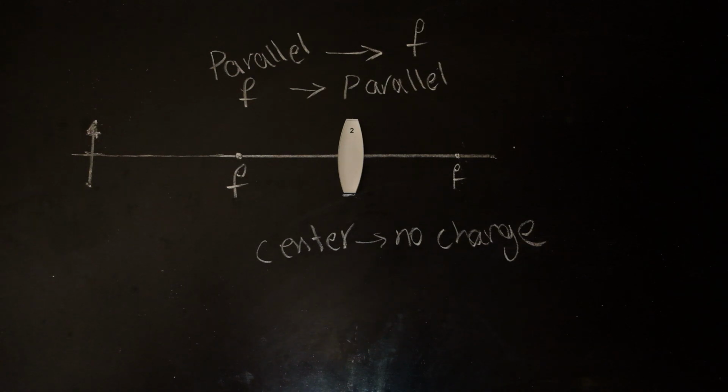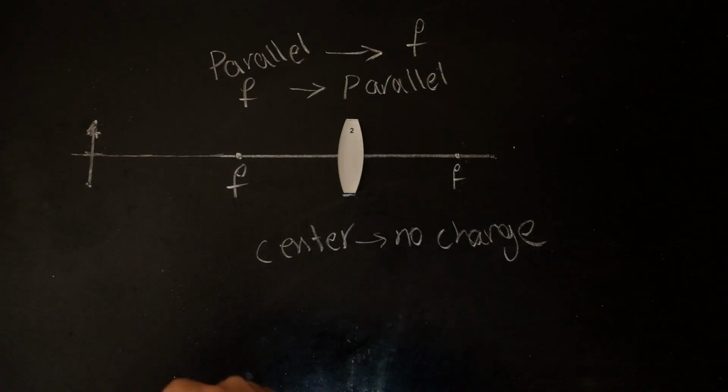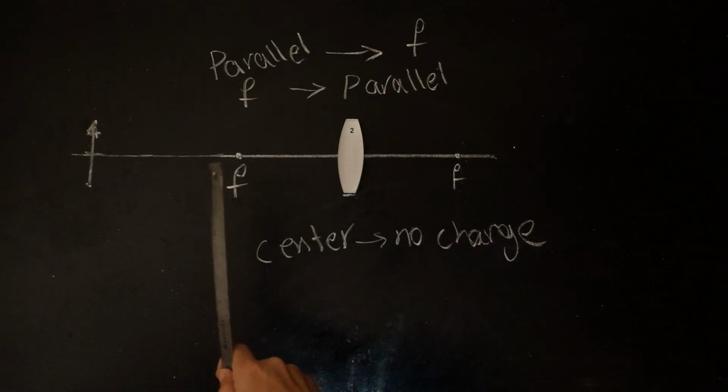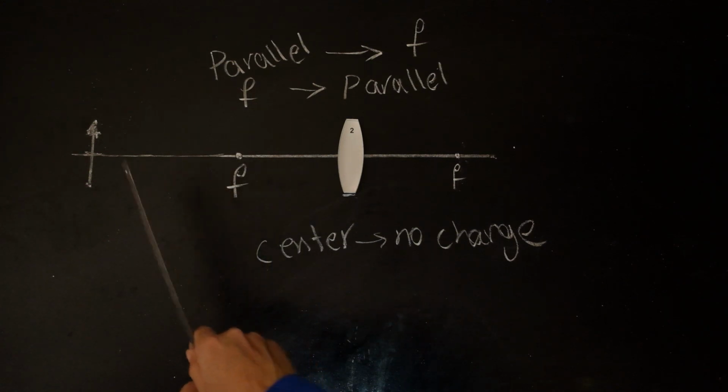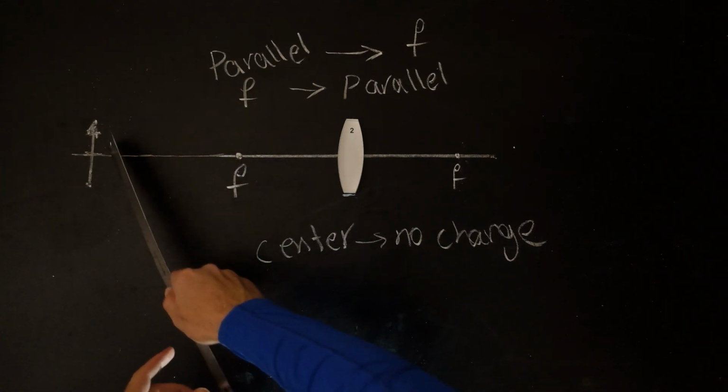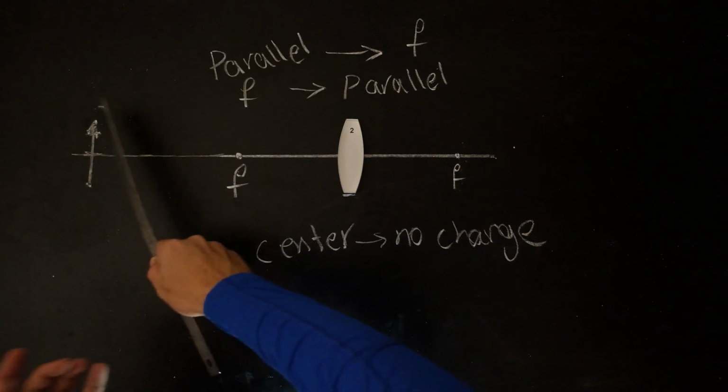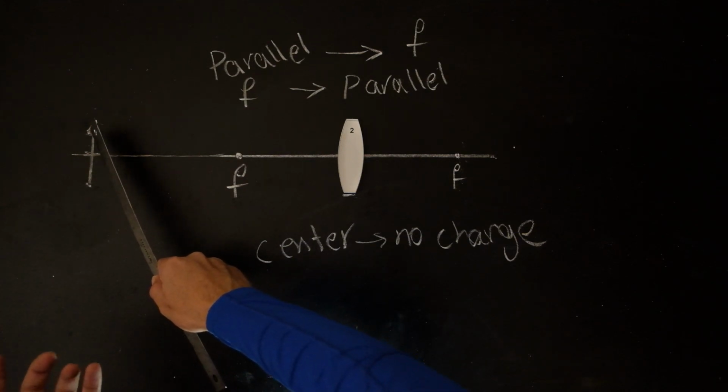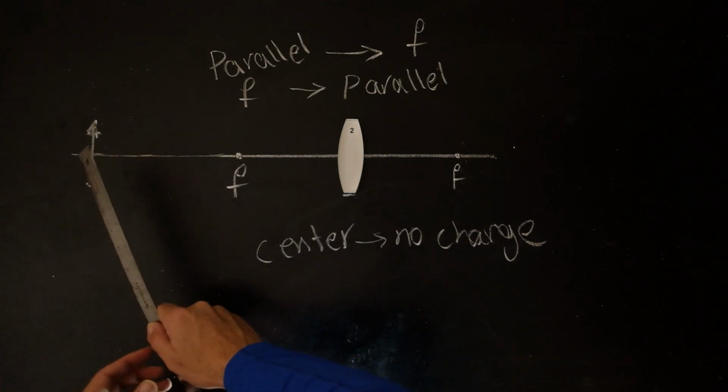Okay, now let's make it more complex. So instead of one light ray, in this case, we have an object. So let's say this is an extended object, and we use arrow because we want to see what's the direction at the end.